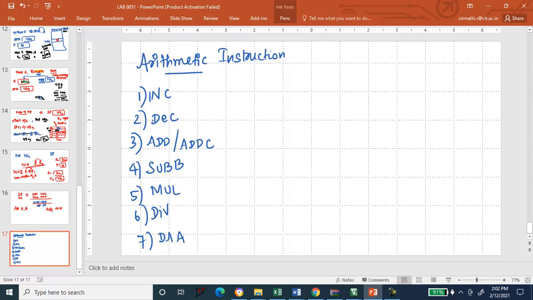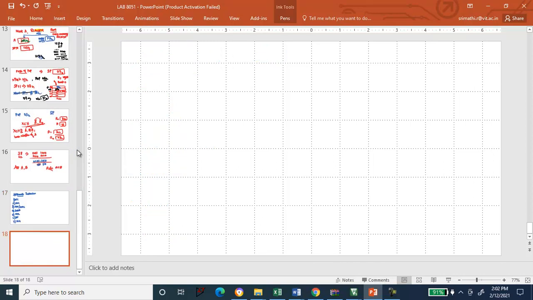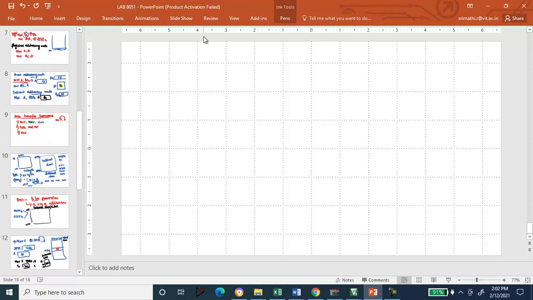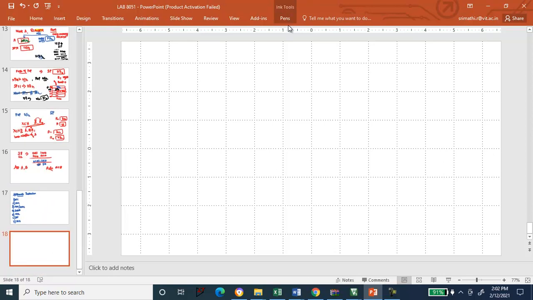Okay, increment and decrement. The general format of increment and decrement instructions: for increment, we have increment A, increment any register, increment the data in a particular address, increment the data as pointed out by the data pointer.